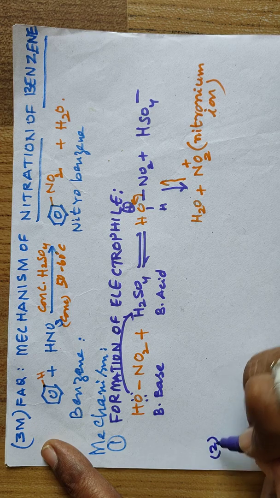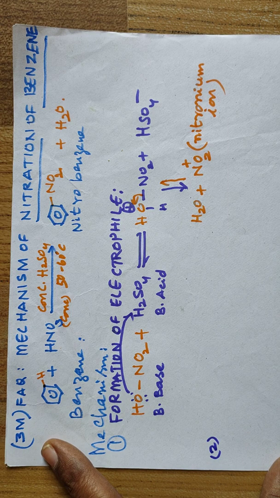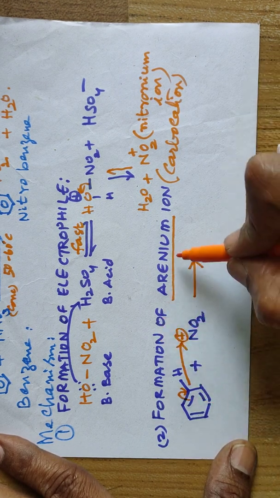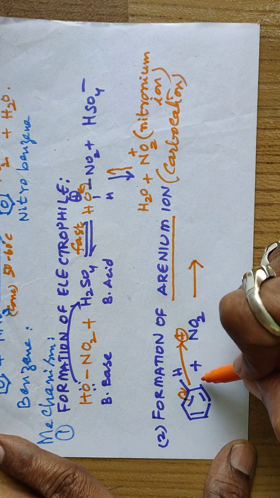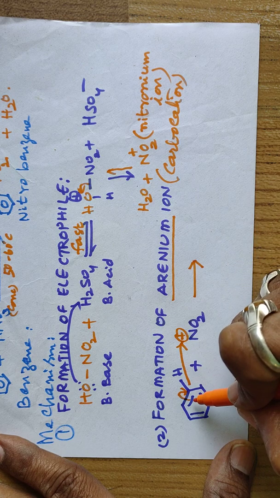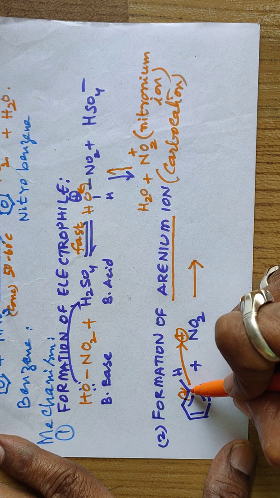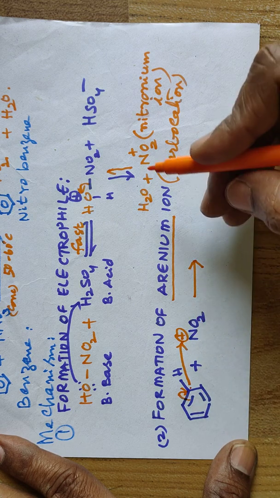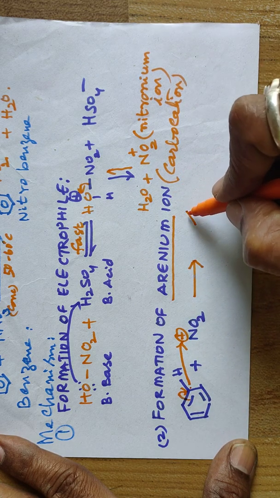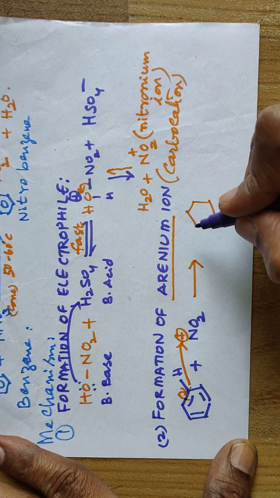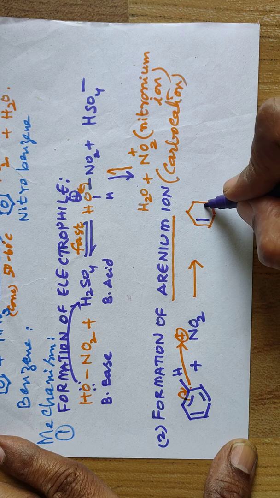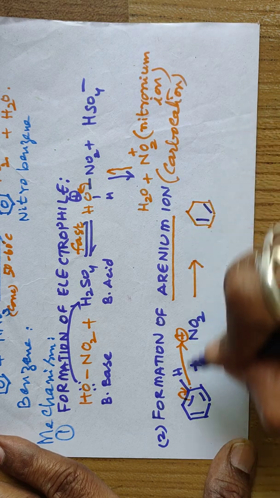Second step is formation of arenium ion, nothing but a carbocation, after attack of the NO2 plus electrophile. So these pi electrons are shifted here, we are assuming, and here a negative charge. This negative charge invites NO2 plus. Then we get this cyclohexane structure, and this bond is undisturbed, and this bond disappeared.